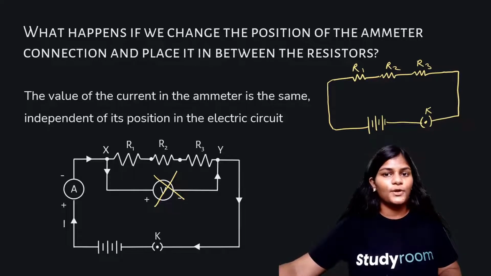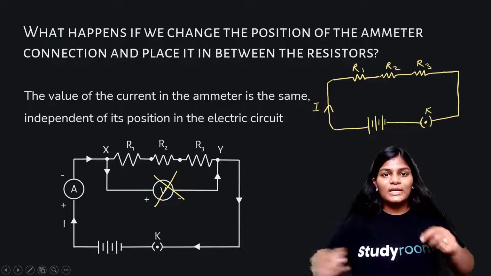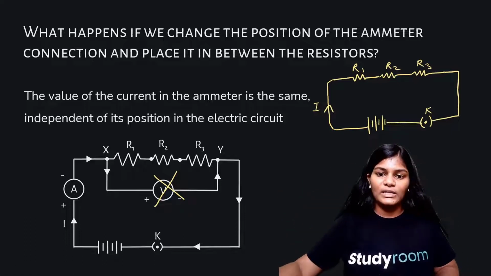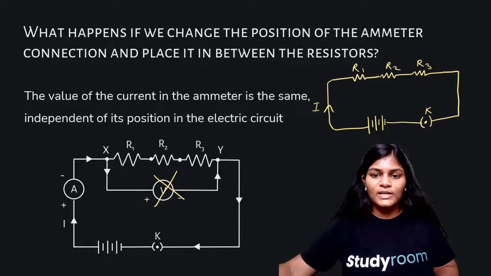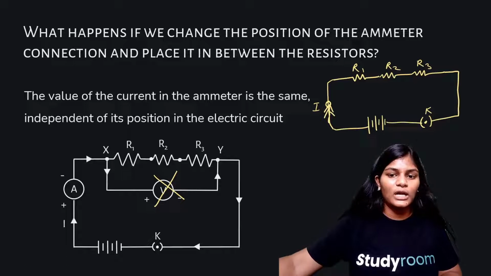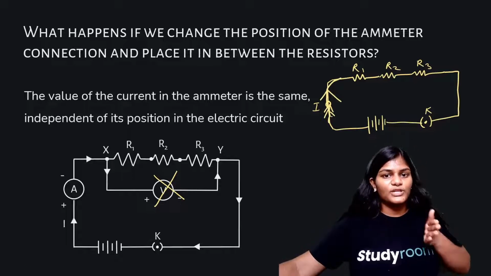So current flows from positive to negative. So the current flows like this. This is the current. Now just think if you are walking on the path of the wire. Say you are standing right here at this point, and you are walking along this wire in the direction of the current.